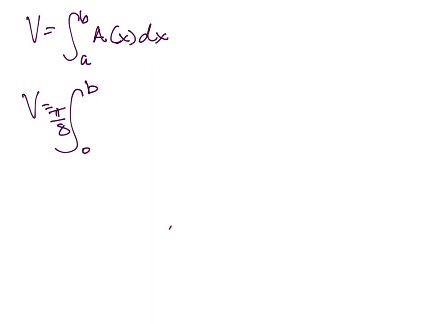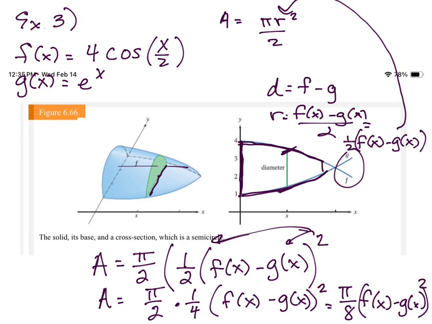Pi over 8 times the difference between F of x and G of x squared dx. And the rest of this you should be able to put in your calculator. You're going to have to find out what B is. That's this intersection right here.